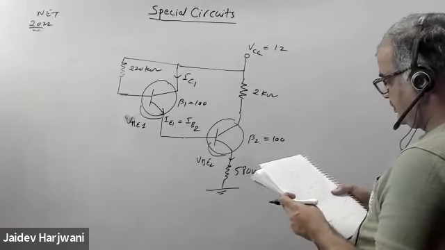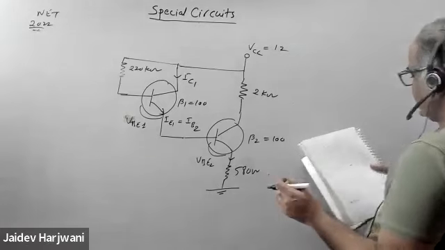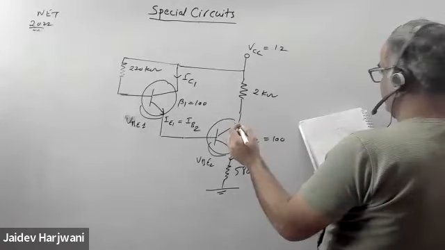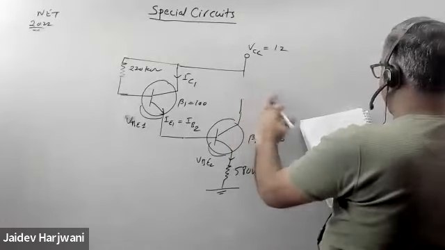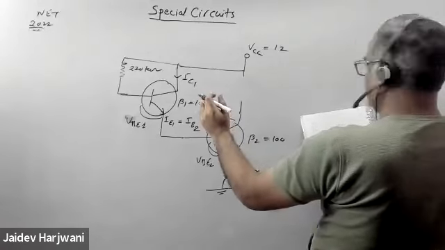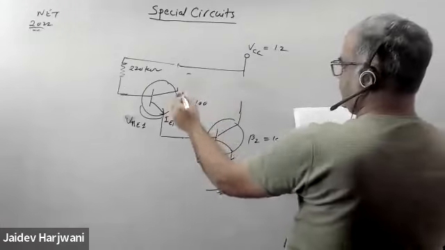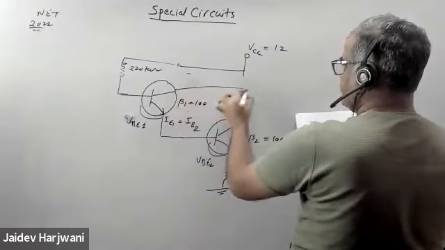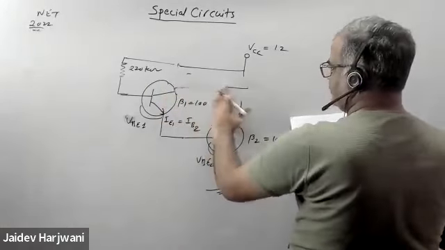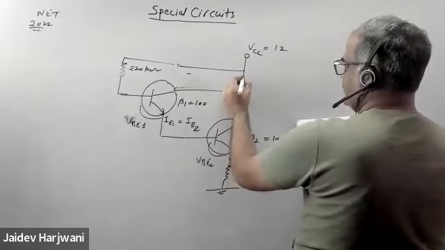So solve this, and the question they are asking: they are connecting this circuit not from here, they are connecting this circuit from this point, and here is a resistance.